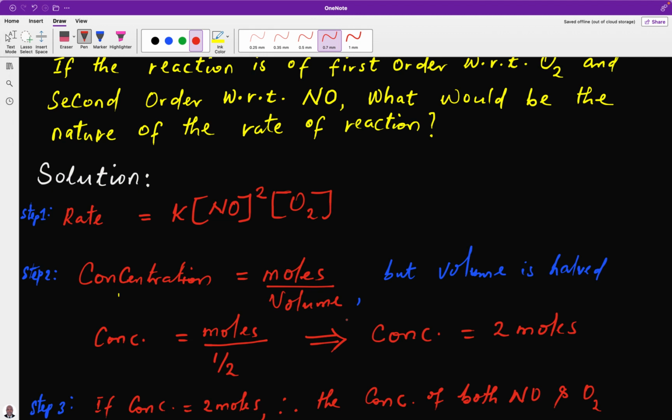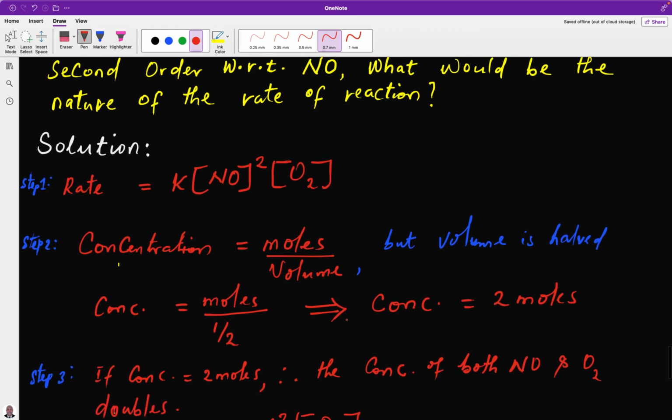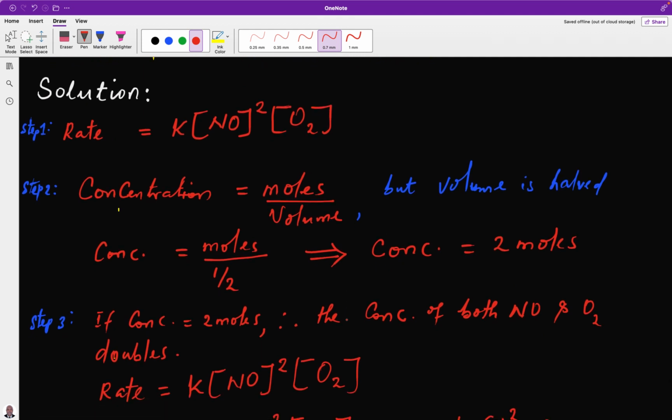That is step number 2. The only expression where concentration and volume are involved is concentration equals moles divided by volume, in dm cube. But the volume has been halved. We now substitute the half in the volume. So concentration equals moles divided by a half.